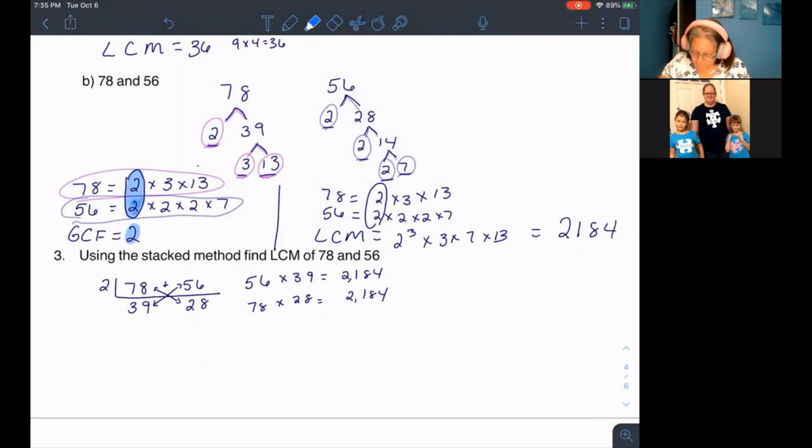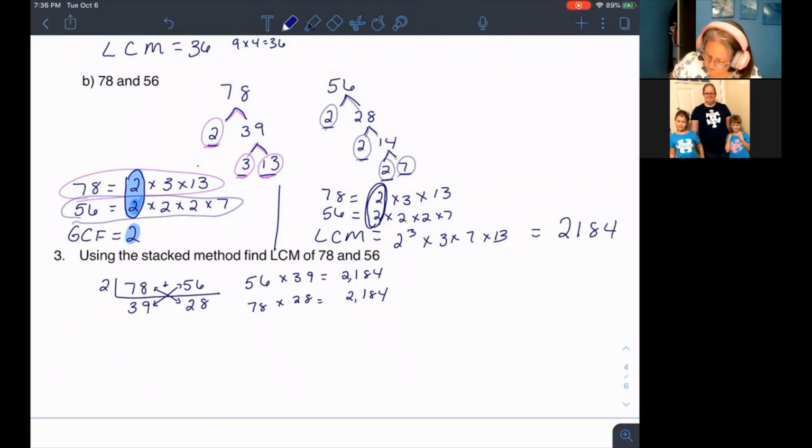And then for the least common multiple, I just wrote out the same factors, and you need to find the multiples that they have in common. So they have 2, 3, 13 for the 78, and then 2, 2, 2, and 7 for 56, but they only have the 2 in common.